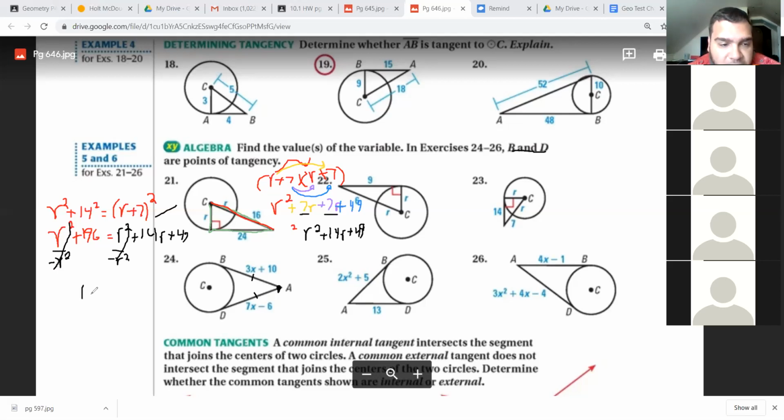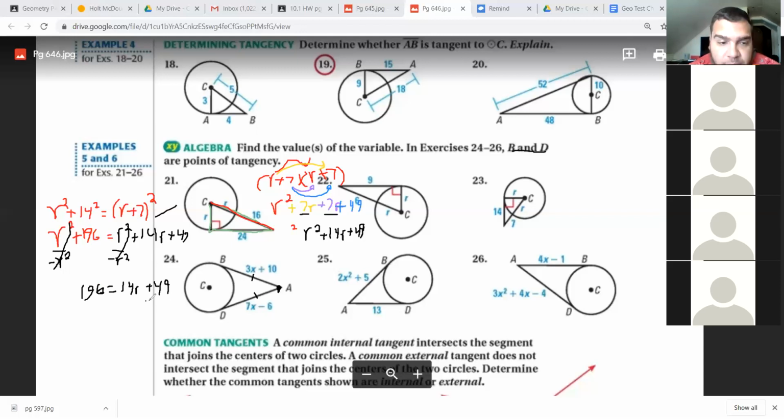Okay. So 196. I'm sorry. Let me finish my big point. Since the r squared is the same amount on both sides, I can cancel them out, which is really convenient because otherwise we'd have to do factoring or the quadratic equation, which we haven't done in a long time, because I'm teaching that to my algebra 1s right now. So 196 equals 14r plus 49.